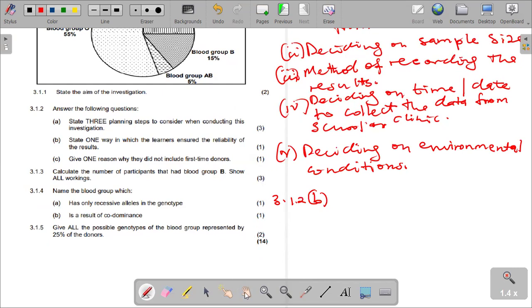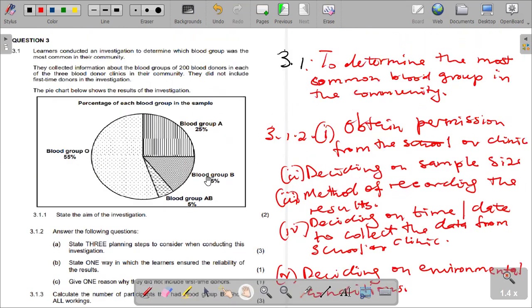What we are saying is, how do you see the learners ensuring the reliability of the results? They collected information about the blood groups of 200 blood donors in each of the three blood donor clinics in their community.